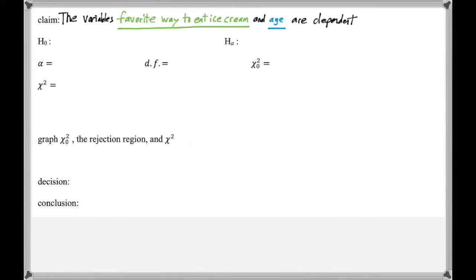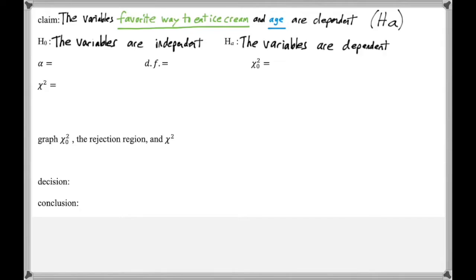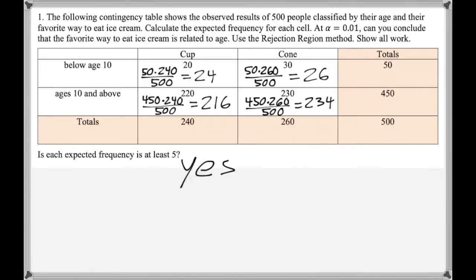The claim is that the variables favorite way to eat ice cream and age are dependent. So this is the alternative hypothesis. The null hypothesis is the variables are independent. Alpha is 0.01. For the degrees of freedom, we have to take the number of rows minus 1 and multiply it by the number of columns minus 1.